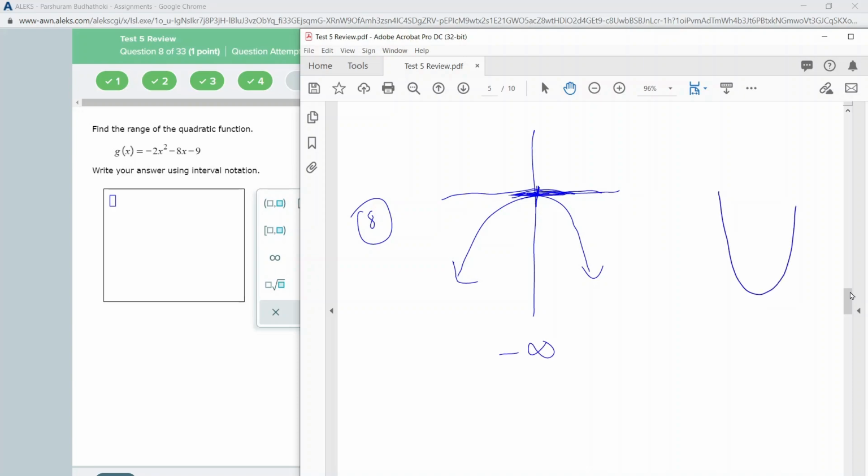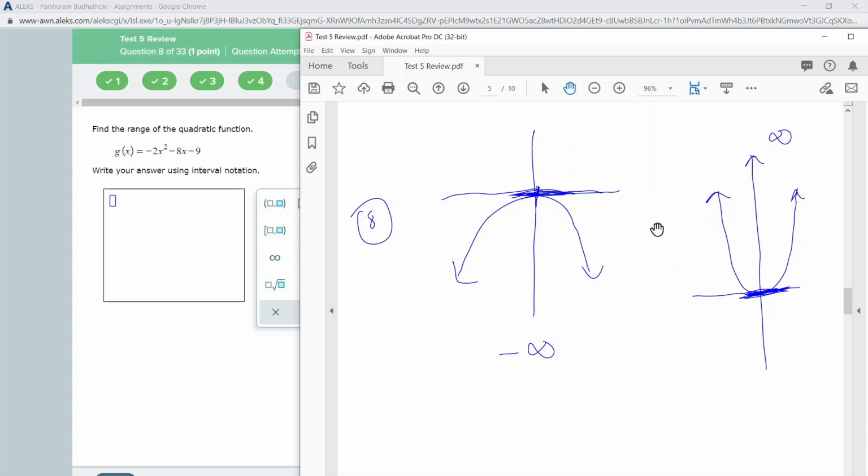But if your parabola looks like this, then this is your minimum value, so the range is all the real numbers starting from here up to positive infinity. In this case, you can see that there is a negative coefficient of x squared, which means the graph would look like this. So after finding the vertex, the range would be from negative infinity to the y coordinate of that vertex.